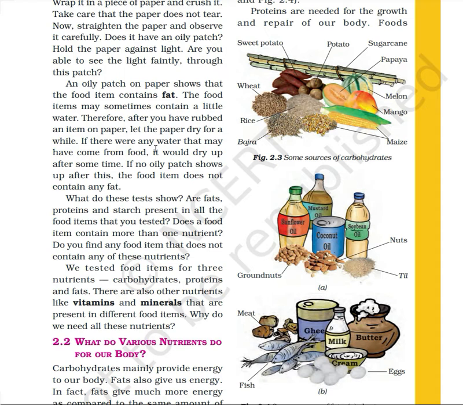So after this, you would see that an oily patch on the paper is made. So sometimes the water can also be present in the food item. So to remove this, just smash the food item in the paper and just keep it in the sunlight. The oil does not evaporate as fast as water does. All the water would evaporate and the oil will be left. So you can see that this item contains fat, because oil is a fatty substance.